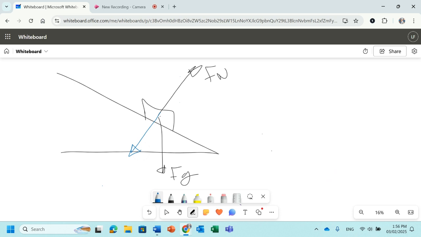So this angle, the angle of the incline theta, is the same as the angle between Fg and this one. So this will be Fg cosine theta, and here parallel to the incline I have Fg sine theta.